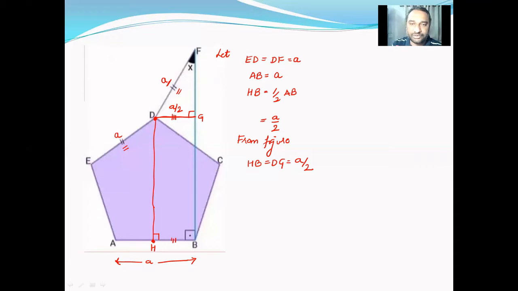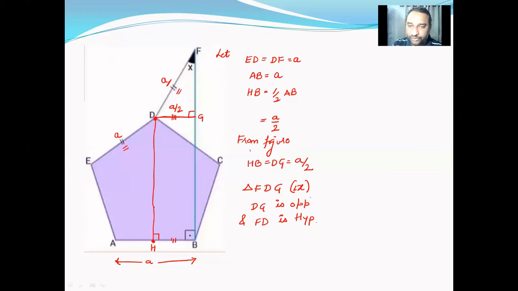If you look at the triangle FDG, if X is the angle, then DG is the opposite side and FD is the hypotenuse. So with respect to angle X, DG is the opposite side and FD is the hypotenuse.